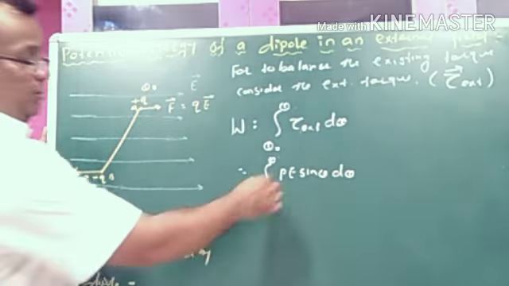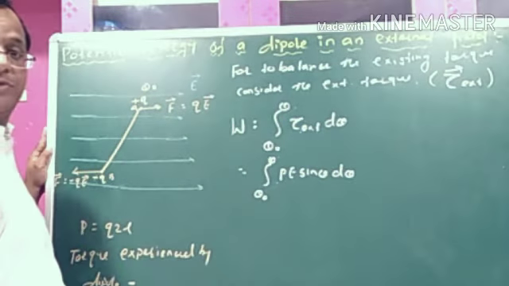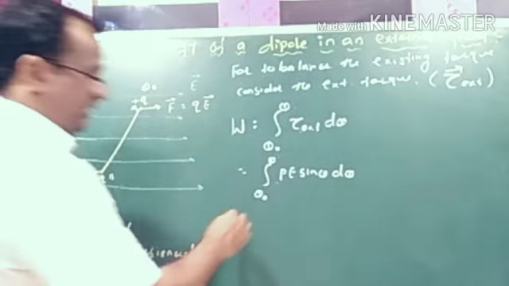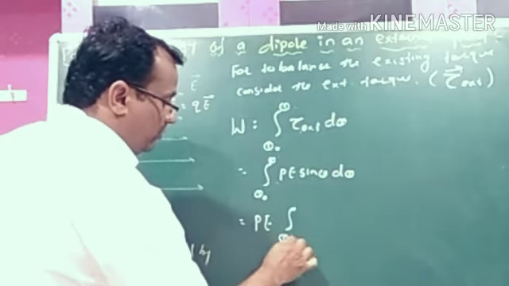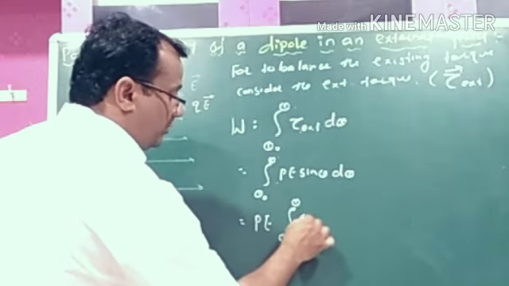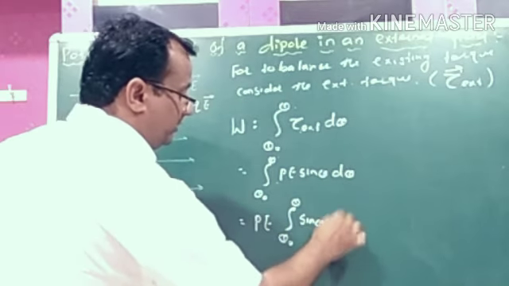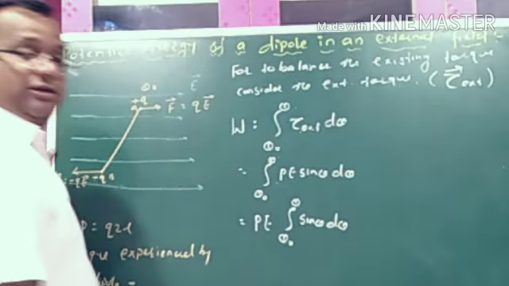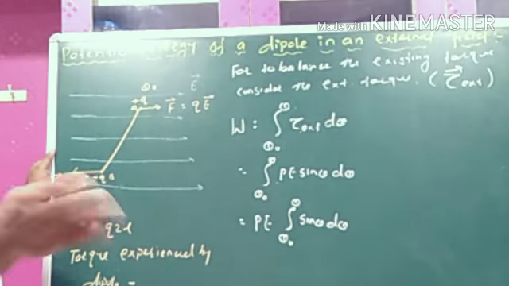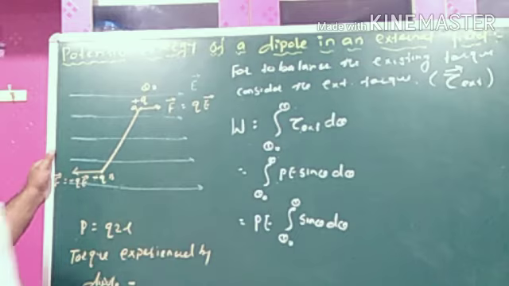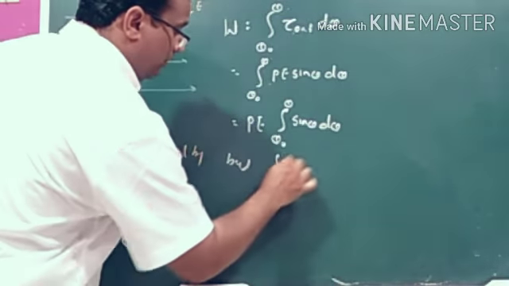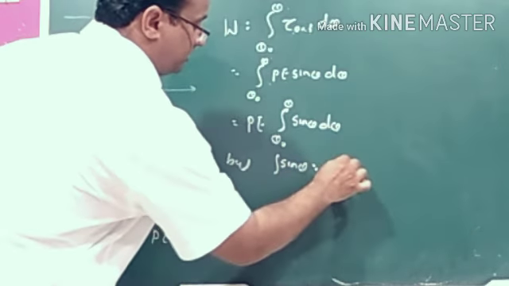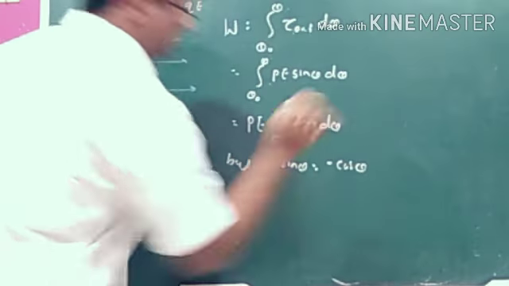The magnitudes of P and E remain the same, so they are kept outside the integration sign. So we get P E, integration from theta 0 to theta of sin theta d theta. And we know the integration of sin theta is minus cos theta.